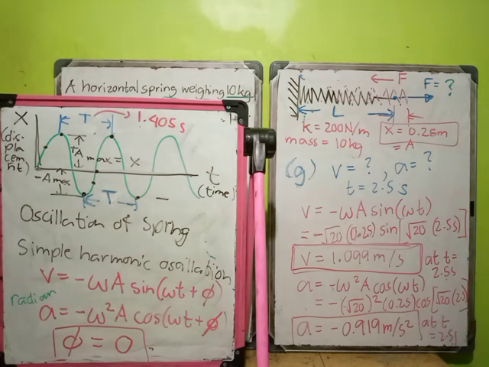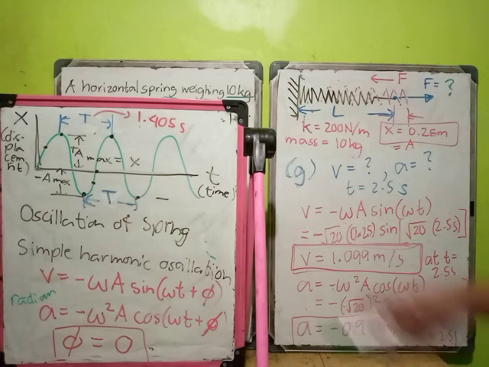Okay, so check muna natin para hindi tayo magkamali. Okay, tama yung sagot natin. Negative 0.919 meter per second squared.